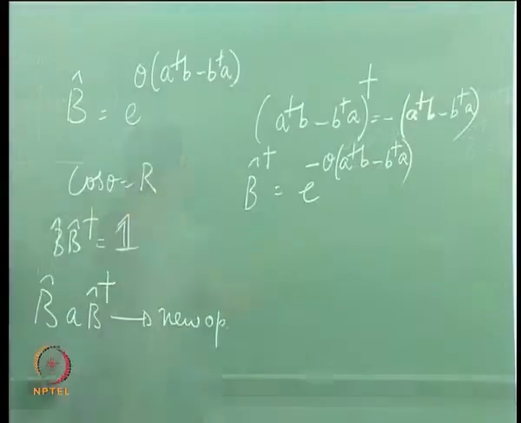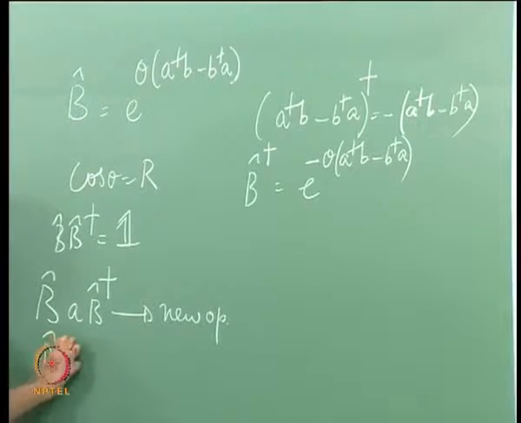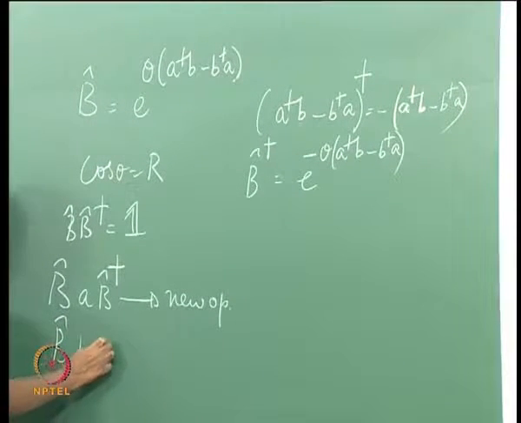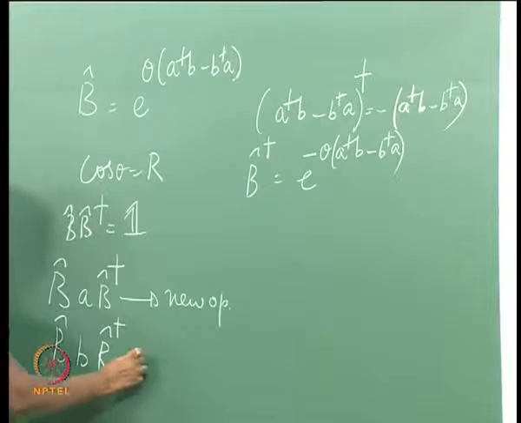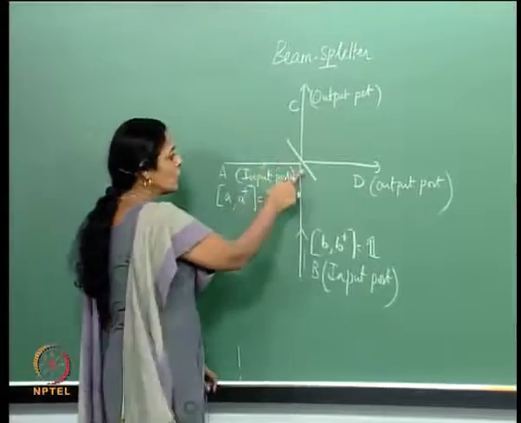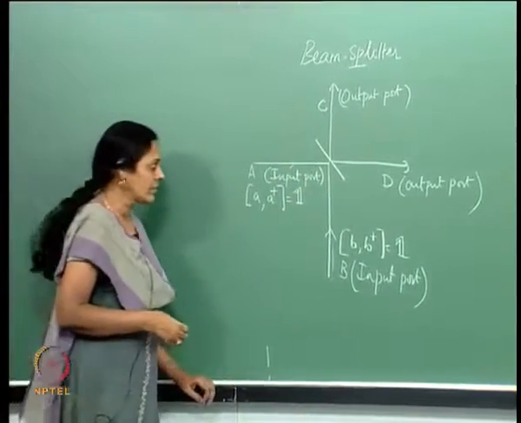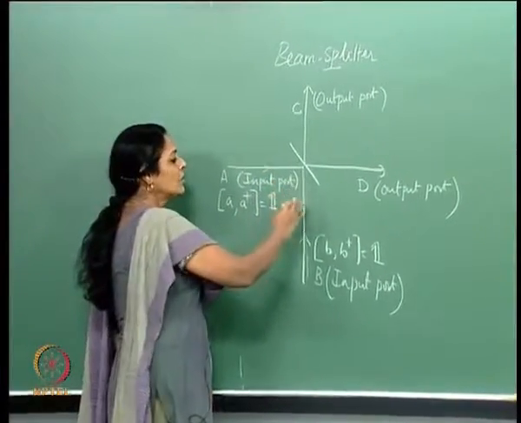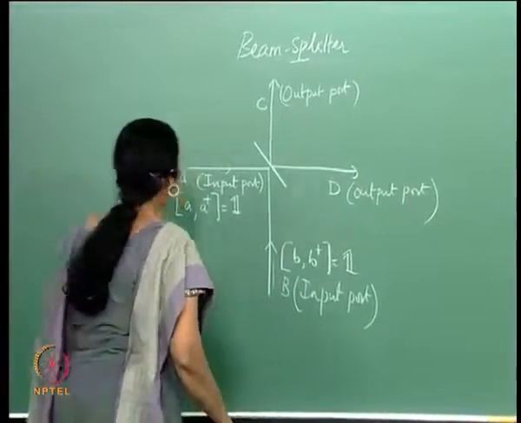So, we can compute B A B dagger, capital B, little b, B dagger and so on. So, we first do that. I want to emphasize the fact that this theta has nothing to do with the geometry of the beam splitter in general. It has to do with the extent of partial reflection.